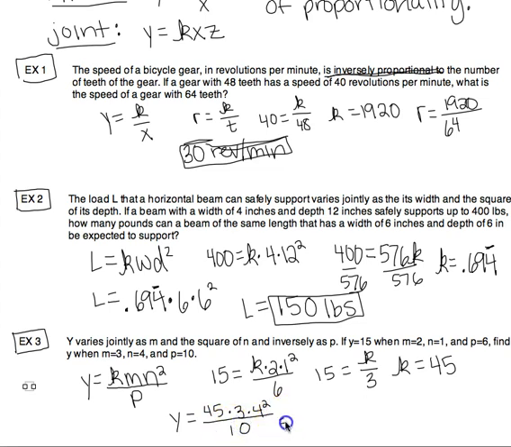So then we just have to simplify that. So exponents first, so 4 squared is 16. So then I've got 45 times 3 times 16, which gives me 2,160. And then dividing by 10 just chops off the 0 on the end. So that gives me 216 for my final value.